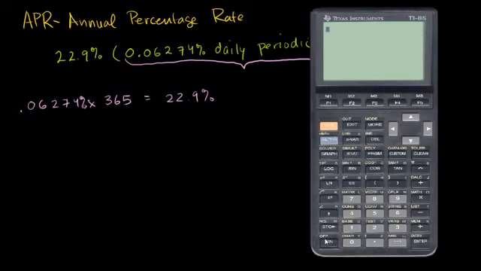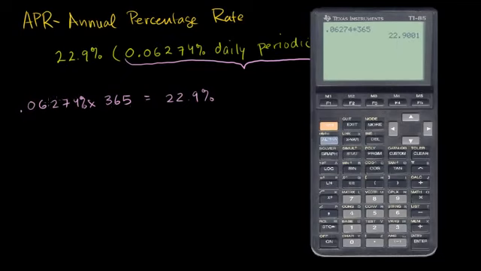So if I take 0.06274, and remember this is a percent, but I'll just ignore the percent sign, 0.06274 times 365 is equal to, right on the money, 22.9%.